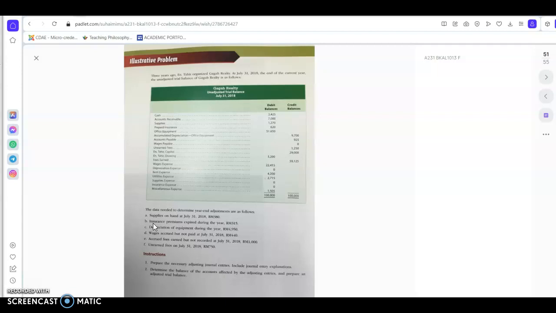B, insurance premium expired 315. Okay, let's look at the prepaid insurance.